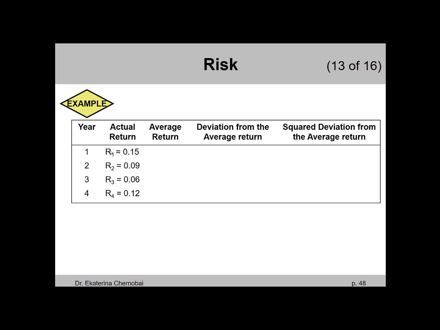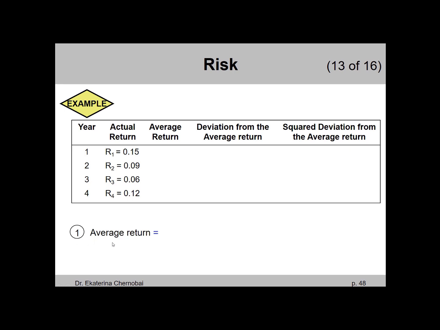Let's say we are given 4 returns for 4 consecutive years. We want to see how much risk is implied. So 15% return during year 1, 9% return in year 2, 6% return in year 3, 12% return in year 4. What we do first step, we calculate their average.